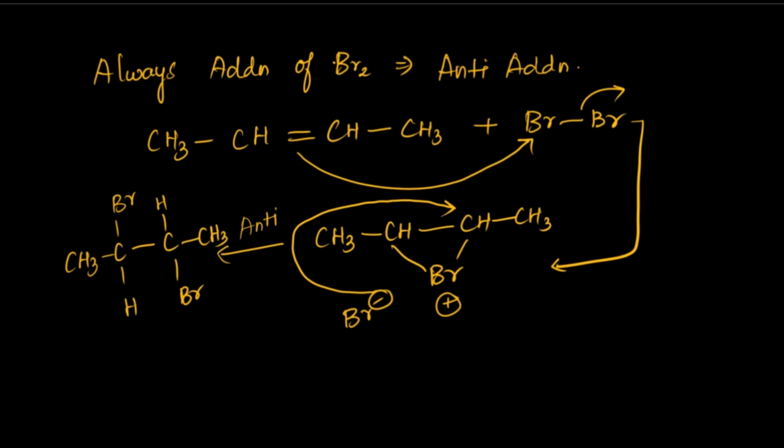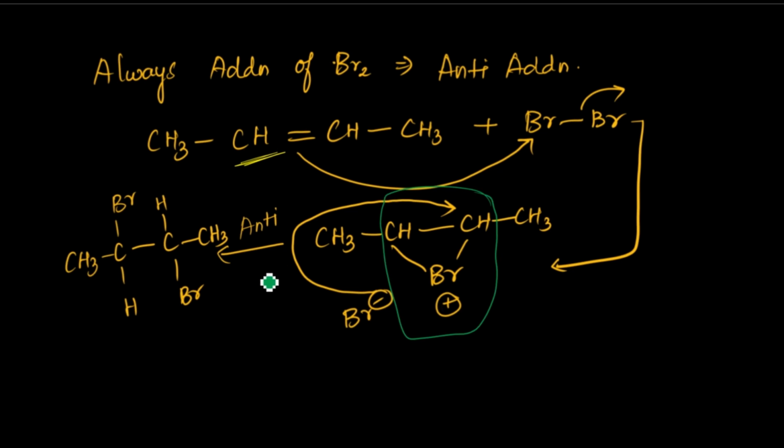Before the next, I would like to let you know that dibromination always happens as anti-addition. Why does it happen as anti-addition? Because once the bromine is attached to one of those carbons, it forms a bromonium ion complex, like this.